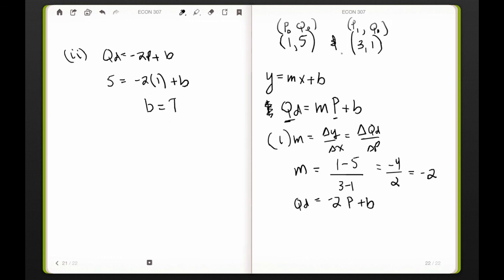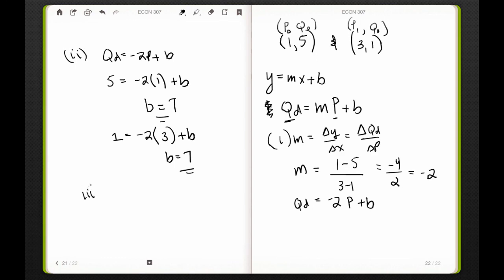I could have used the other ordered pair. I could have told myself, well, I know that when quantity demanded is 1, price is 3. So 1 is equal to negative 2 times 3 plus B, and I get the same thing when I solve for B. So this is a check on our math.